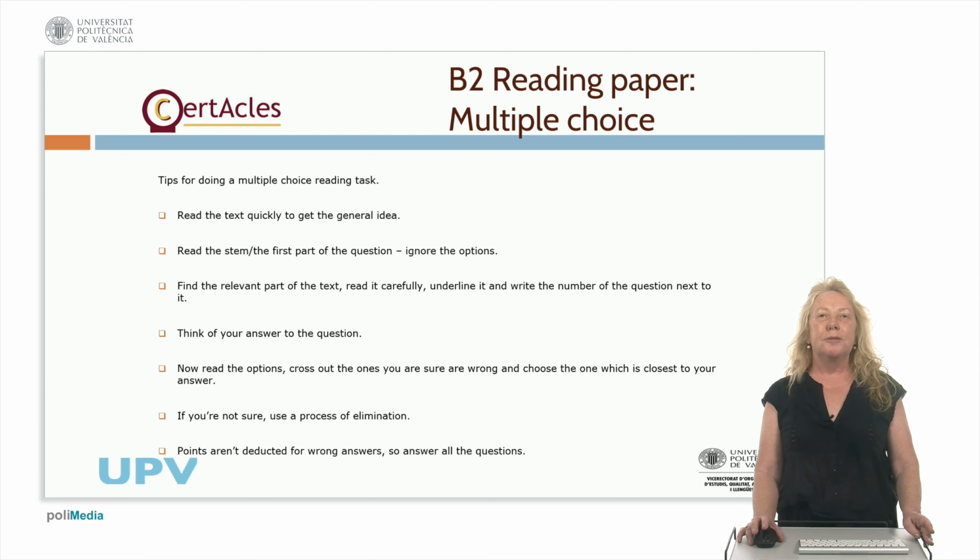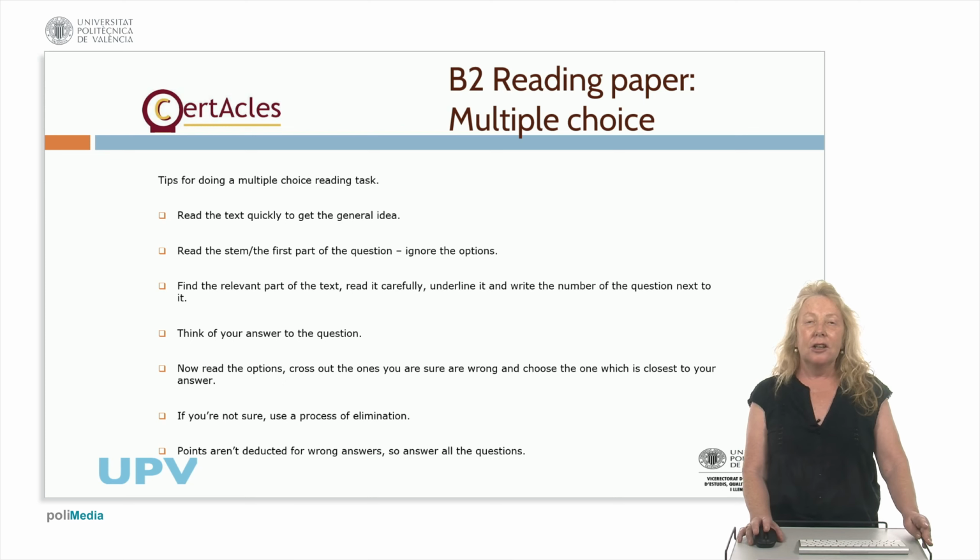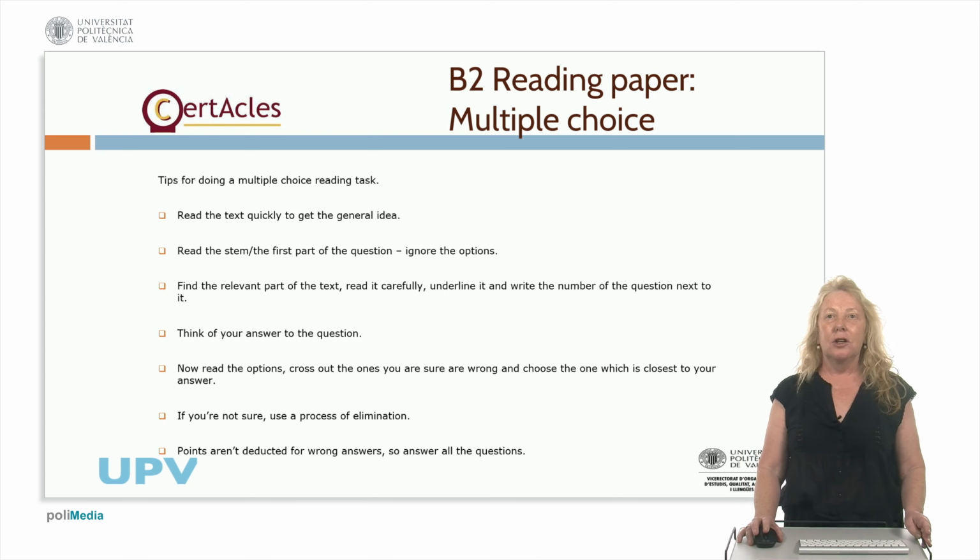Now let's go over the tips for doing this type of task again. Remember to try using the strategy when you're practicing for the exam. Read the text quickly to get the general idea. Read the stem or the first part of the question. Ignore the options. Find the relevant part of the text. Read it carefully.